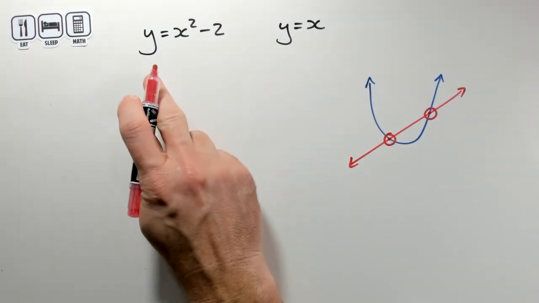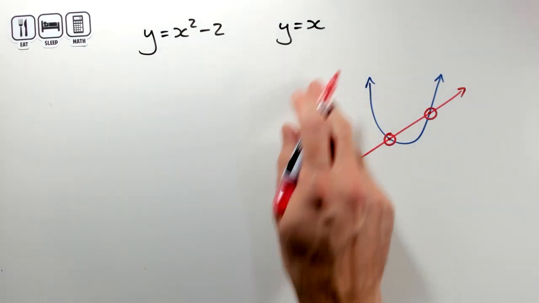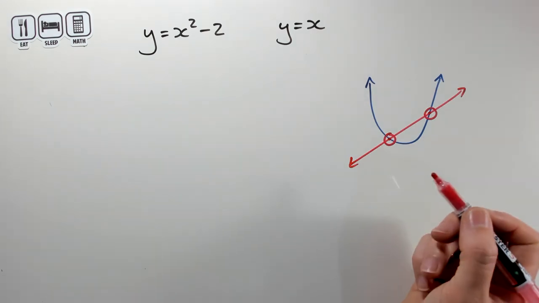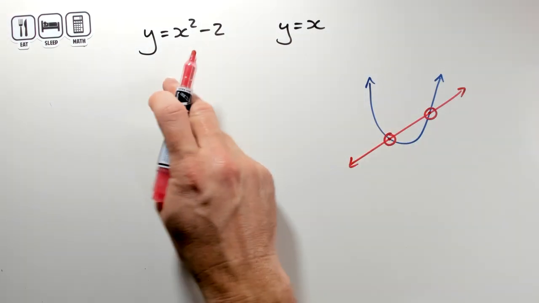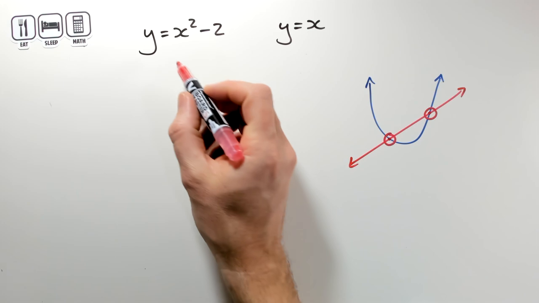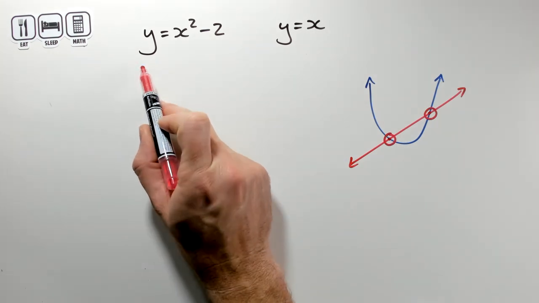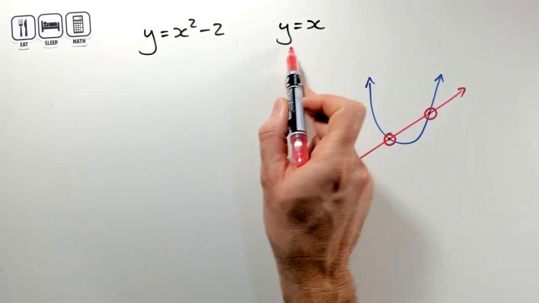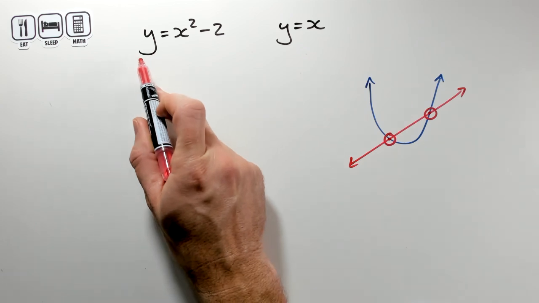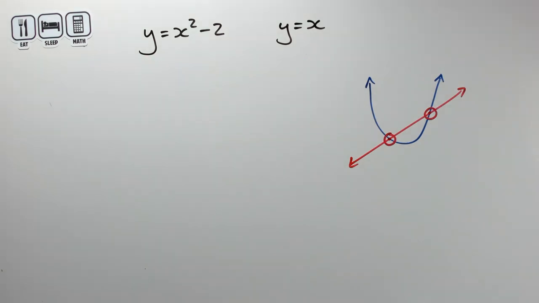So this is a very simple example, but let's just go through the motions. What you would do is write these lines or these graphs in standard form, where y is the subject. Now, if it's not y, this can be given a different way.